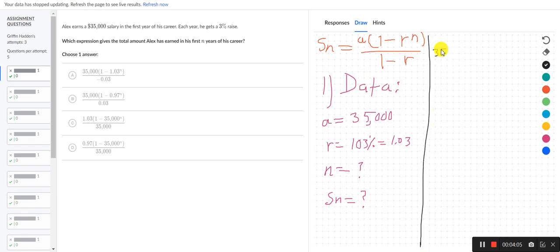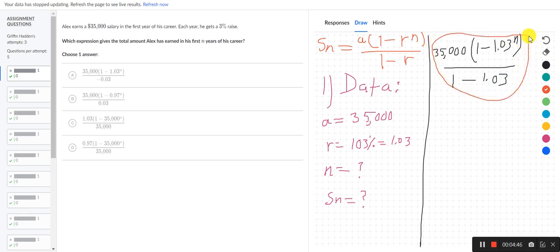So 35 times 1 minus R, 1.03 raised to the nth power, which we don't know, divided by 1 minus R, which is 1.03. Okay, so that would be the expression that they're asking us for.